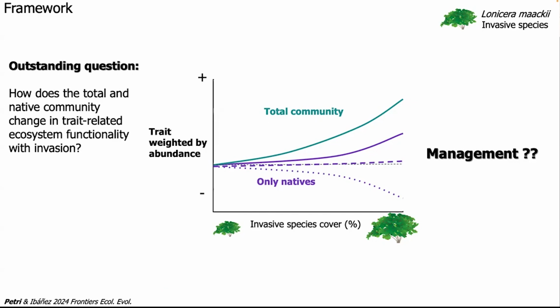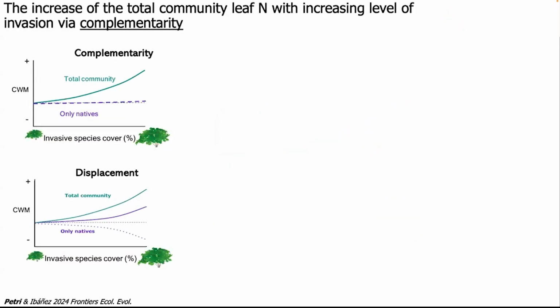But if we are in the other two scenarios, we would need further management if we want to get to a place where we would have that flat line. So it's either changing the species composition or manipulating a little bit of what is coming in through dispersal. So just having those two on the side.